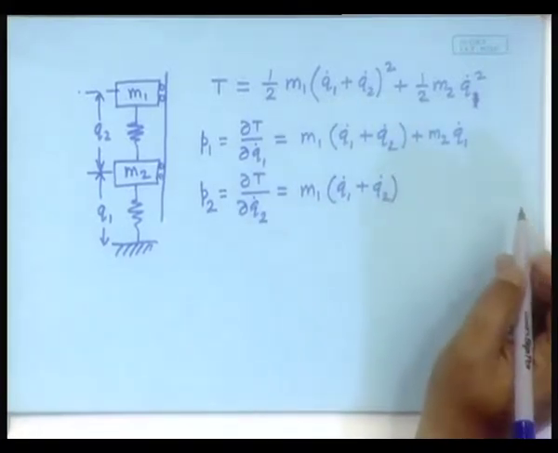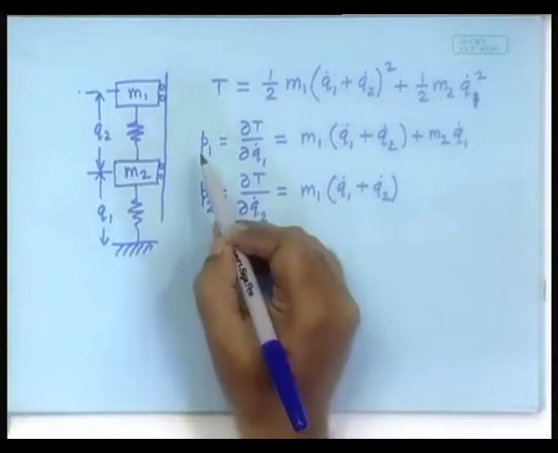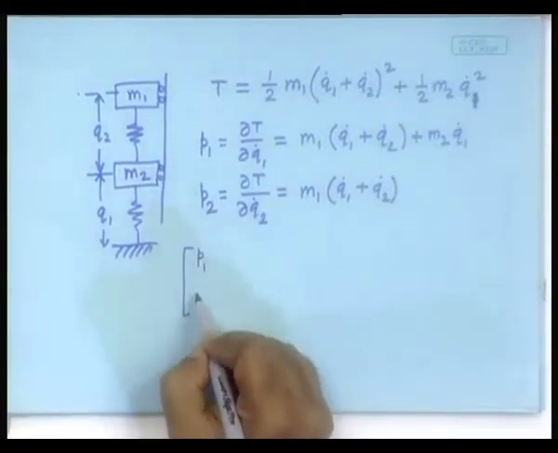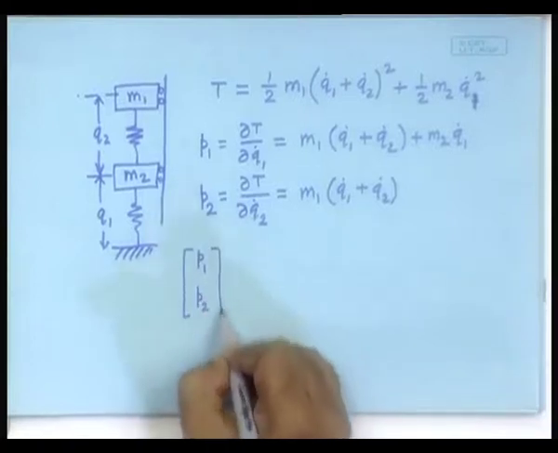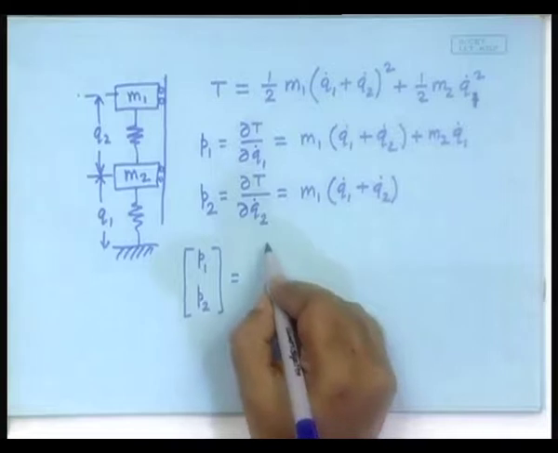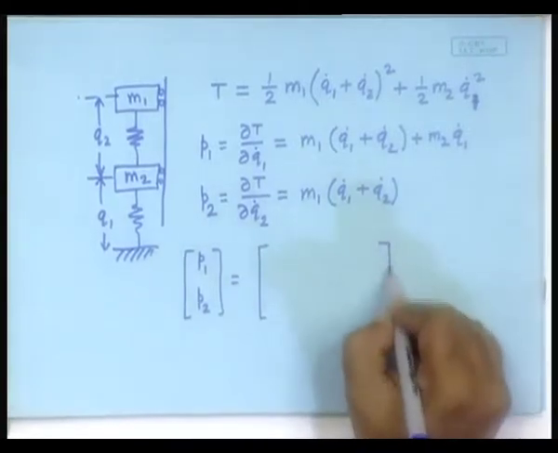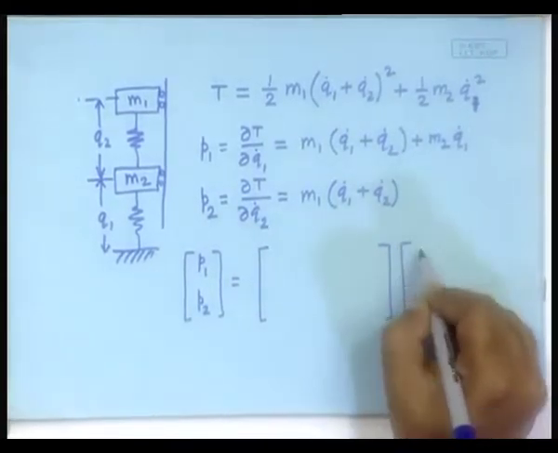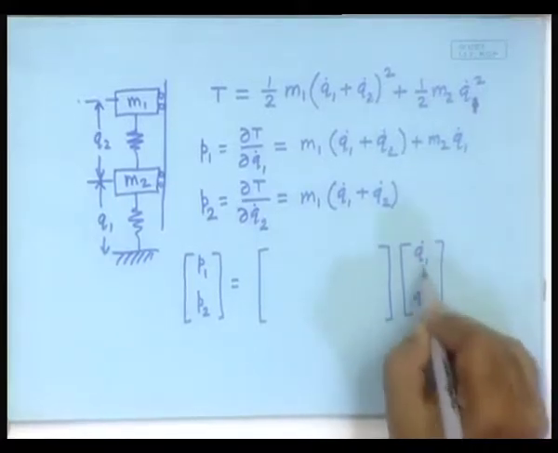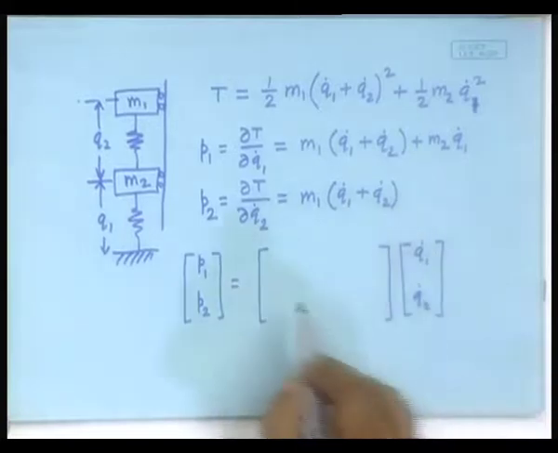which means again P1, P2 as a vector becomes related by some kind of a matrix to the two flows. These are the flows, right. So, what is the matrix?